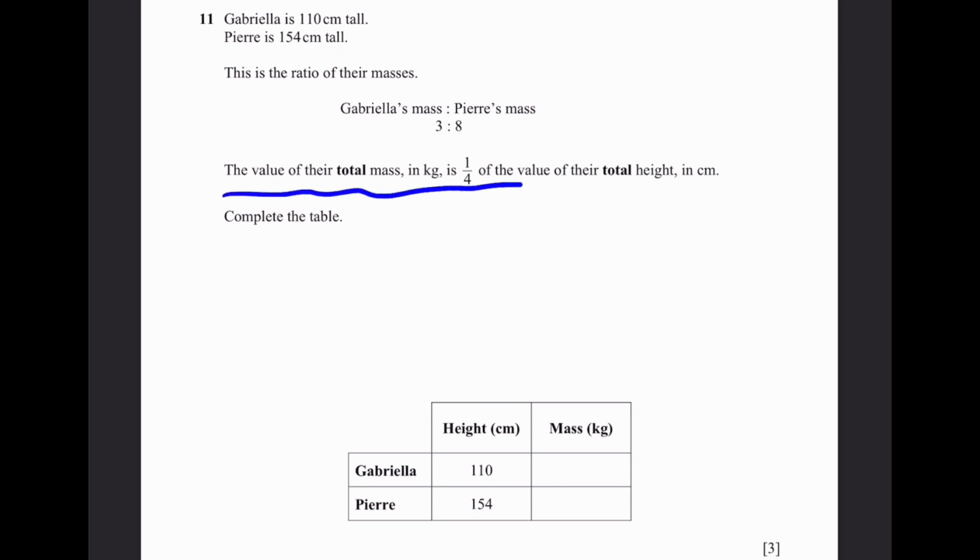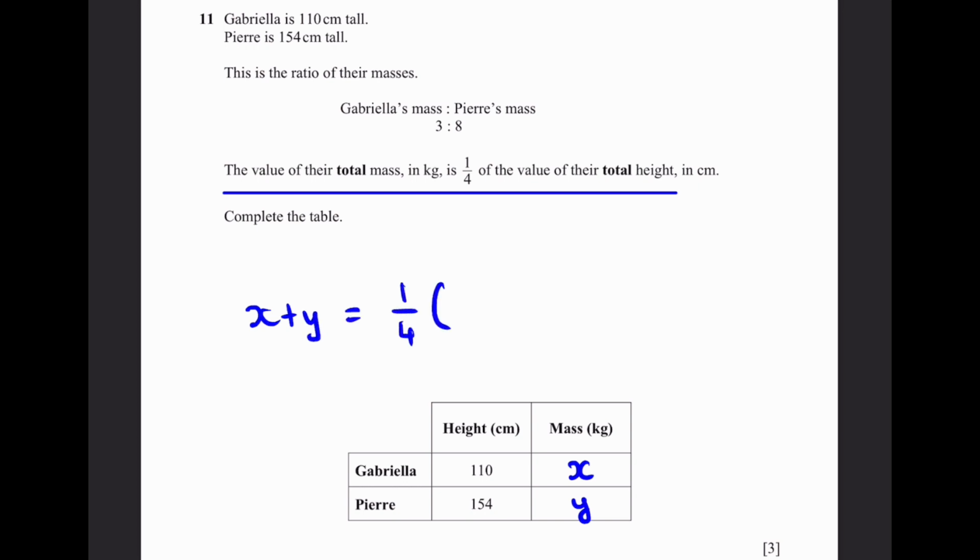Let's look at this statement. Divert our attention to the statement over here. Value of the total mass in kg is 1/4 of the value of their total height in centimeters. Let's name these as x and y. So x plus y equals 1/4 multiplied by 110 plus 154.